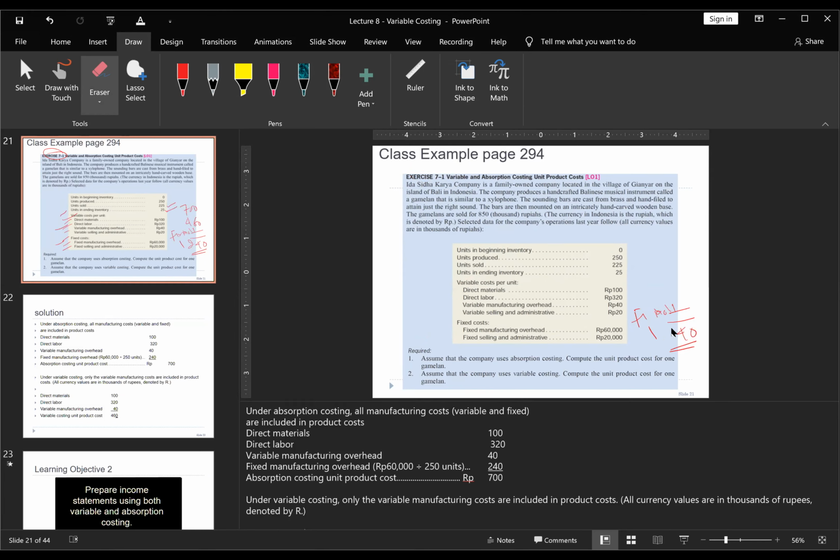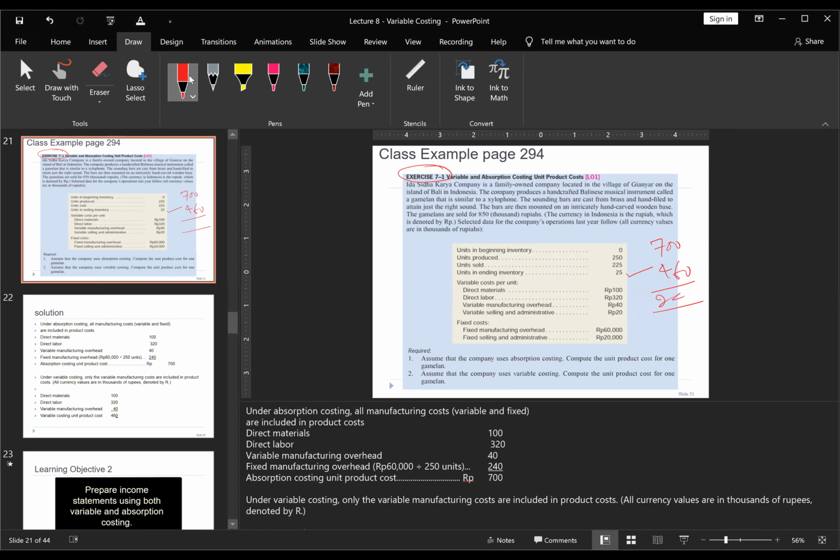Okay. So what you have to do. So you know how much is the ending inventory? Refer to our 7.1, right? We know that our absorption costing is 700, 460 over variable costing.